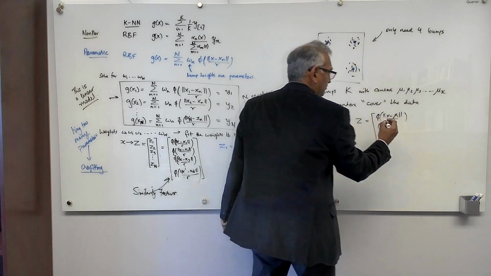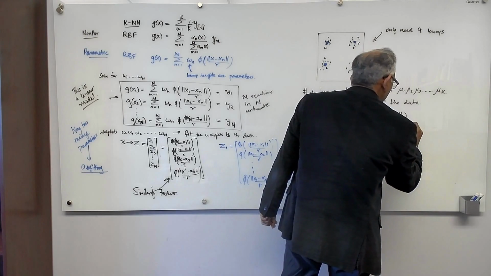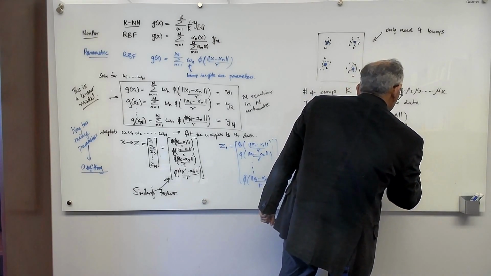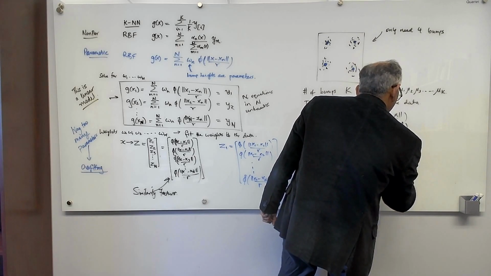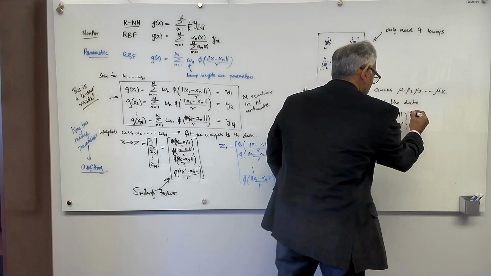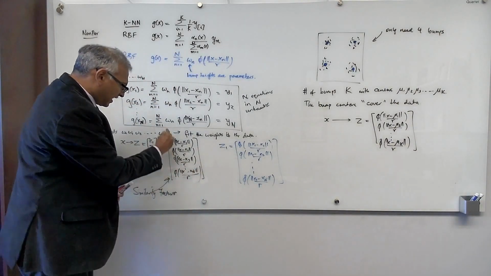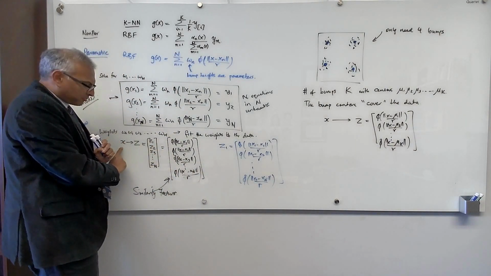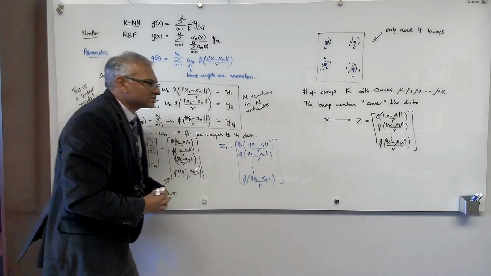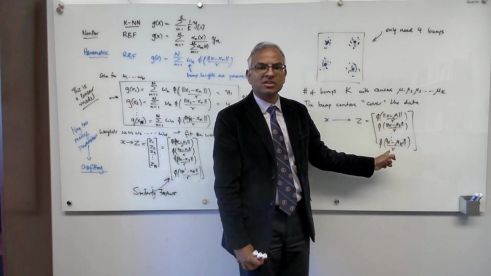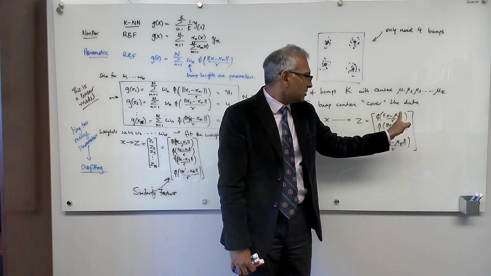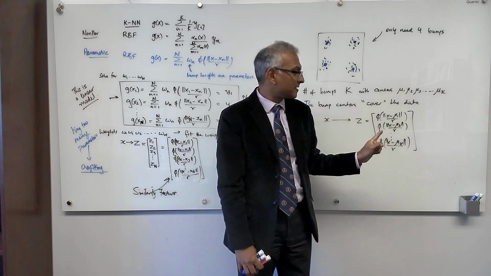The second feature is phi of (x minus mu2) over r, and so on, up to phi of (x minus mu k) over r. So whereas before I had n similarity features, one similarity for any input x to each of my data points, now I have only k similarity features, a similarity from my input to each of my k bump centers.